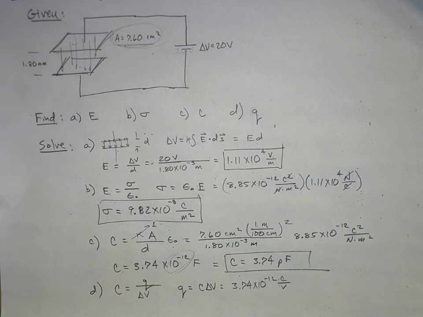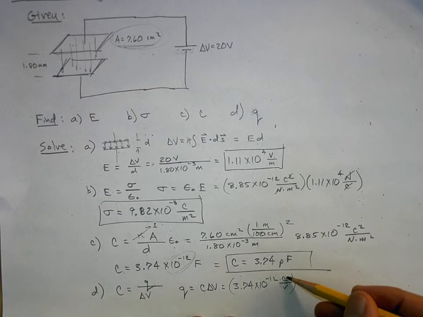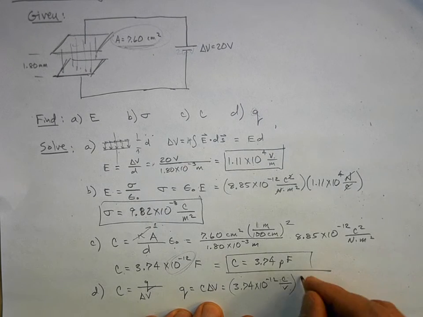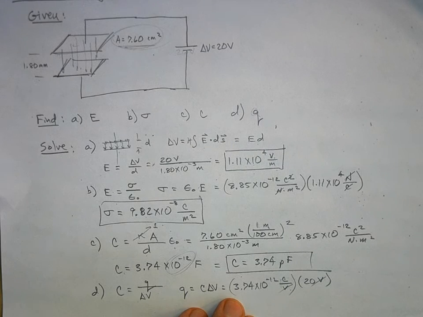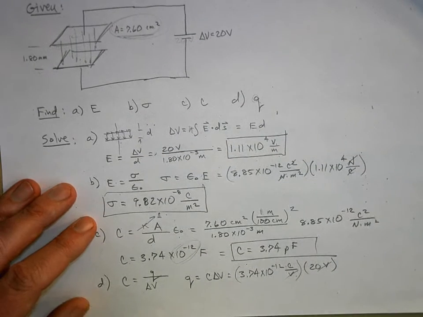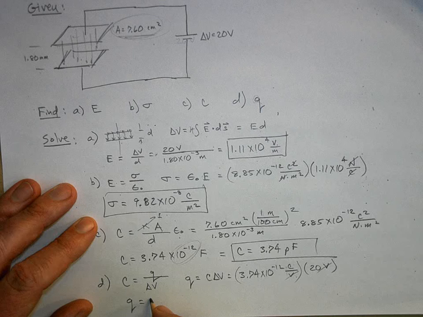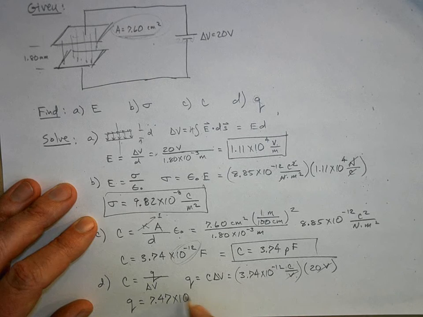That's the unit, right? For a farad, how many coulombs of charge you get on the plate per volt that you put across those plates. And then we have 20 volts. So we just have to multiply that by 20, and I should have a charge of 7.47 times 10 to the negative 11 coulombs. And that's a good answer right there.